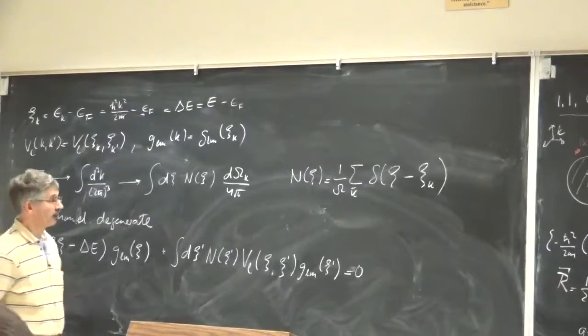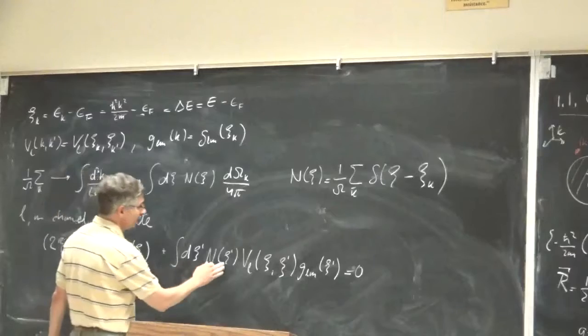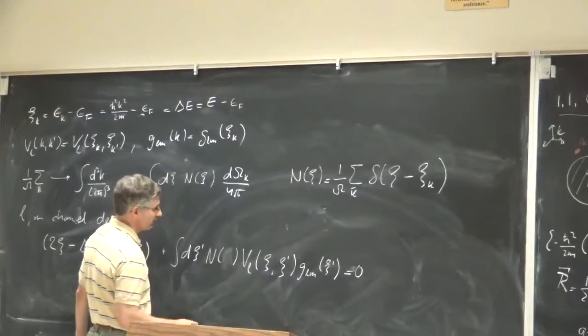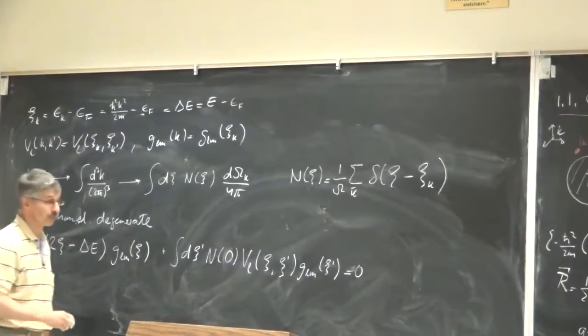Now, here usually we do the simplification that we say the density of states, the structure here is not so important, we replace it by the density of states at the Fermi energy.